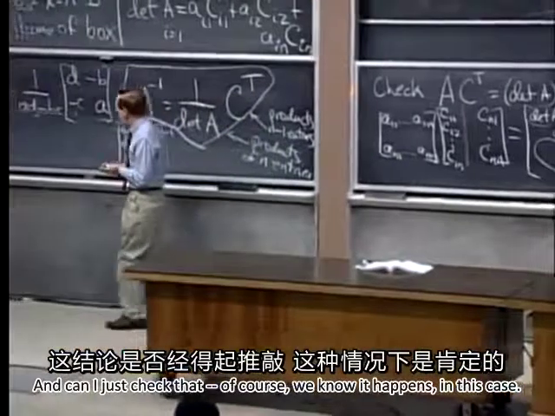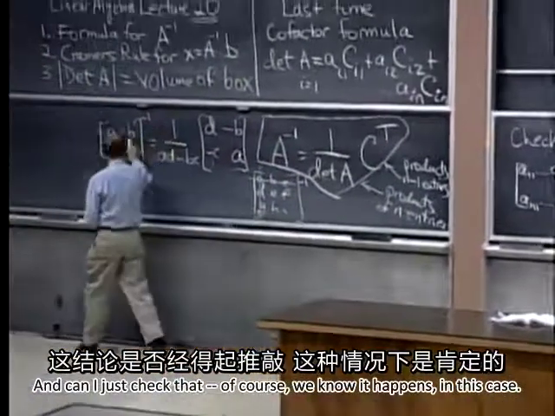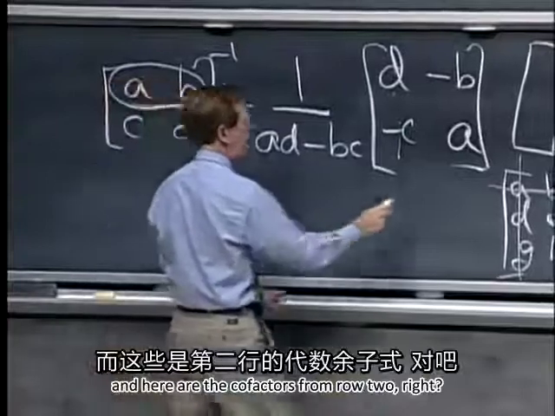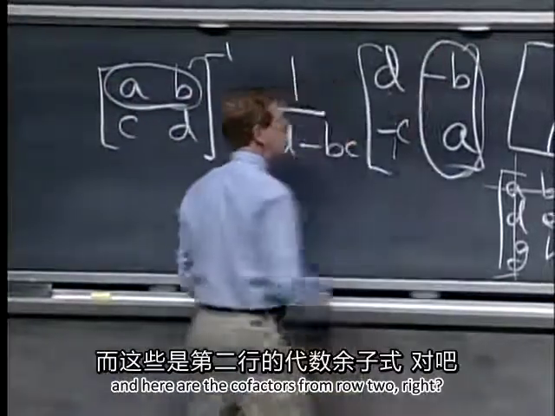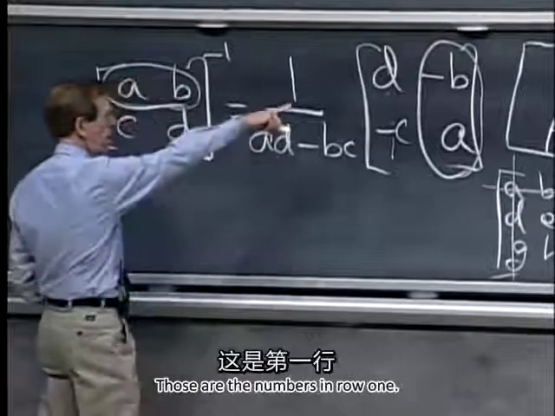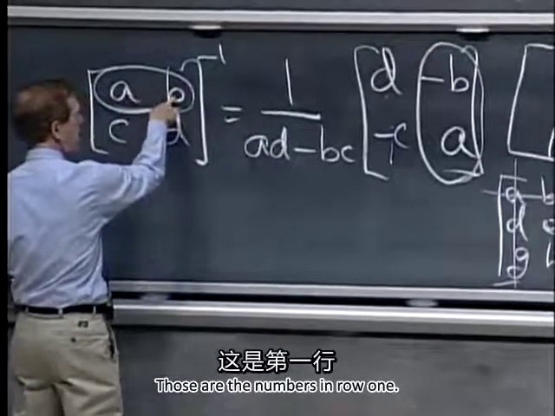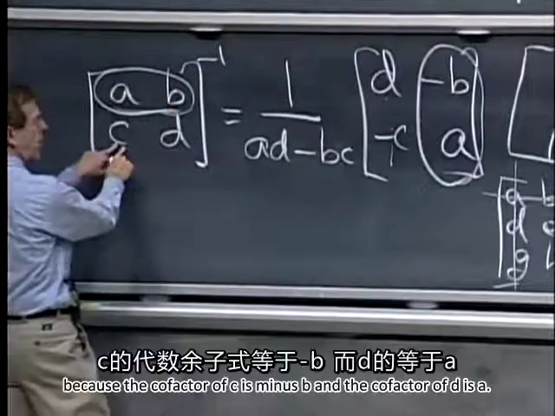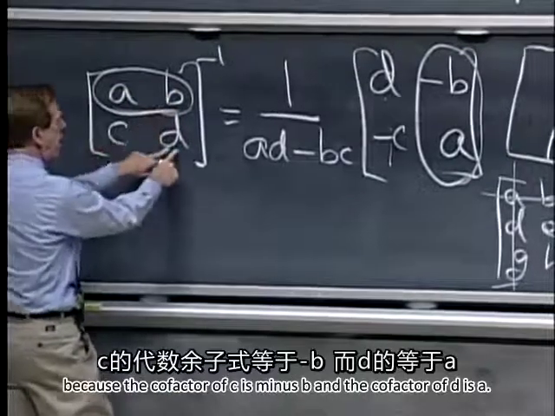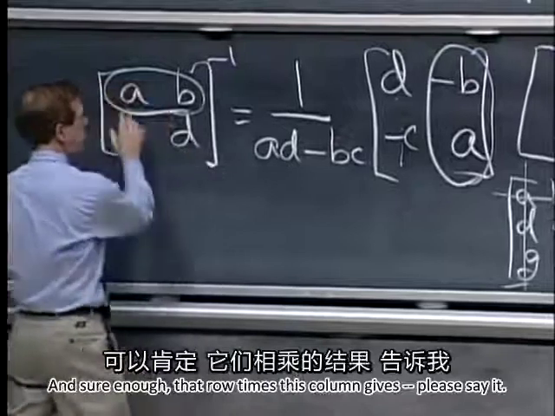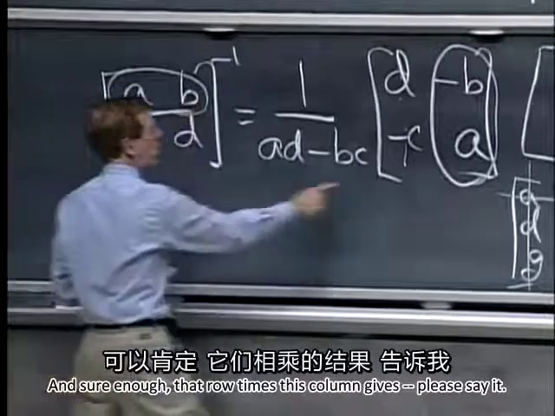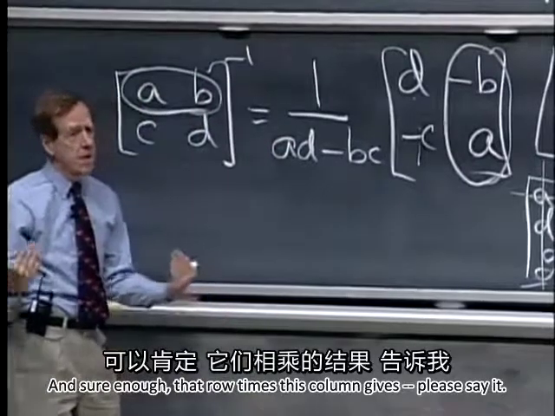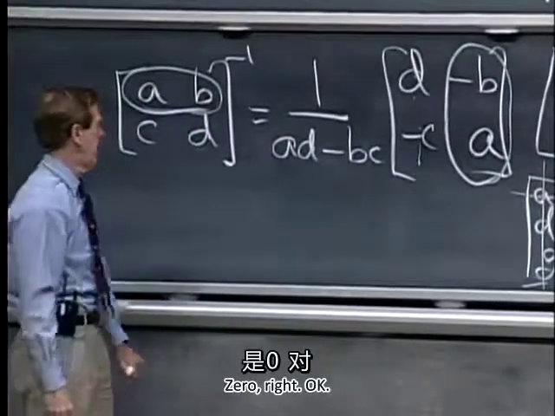Of course, we know it happens in this case. Here are the numbers from row 1, and here are the cofactors from row 2, because the cofactor of C is minus B, and the cofactor of D is A. And sure enough, that row times this column gives 0.